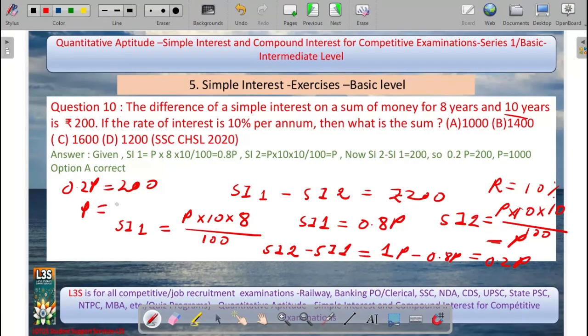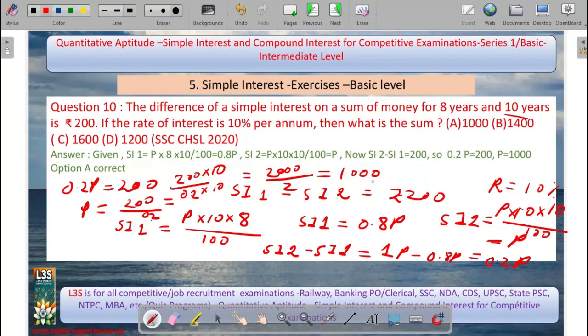P equal to 200 by 0.2, equal to 200 by, we multiply by 10, 0.2 into 10, so it will be 2000 by 2, that means it will be 1000.